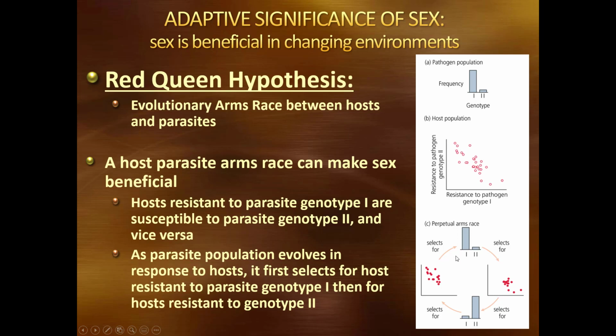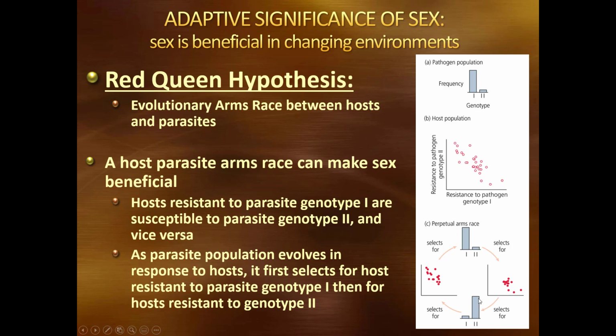And so what they're saying here, if we look down and see, this is where that perpetual arms race is. If in the population we have a whole bunch of parasites that have genotype 1, we're going to select for resistance to genotype 1 over here. And then that favors in our parasite an increase in genotype 2, right?